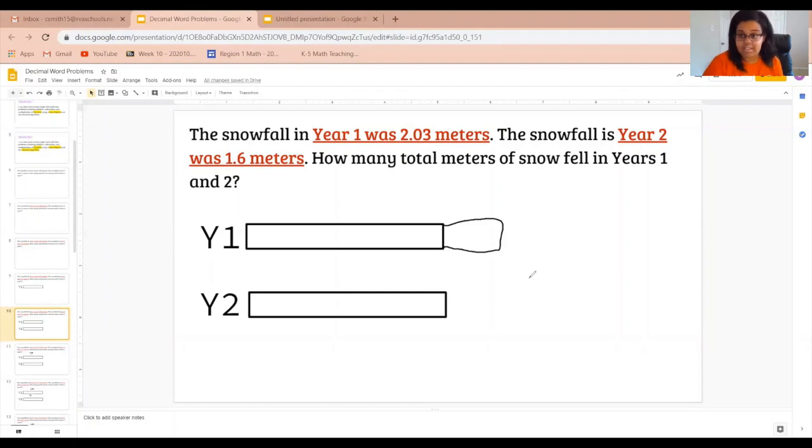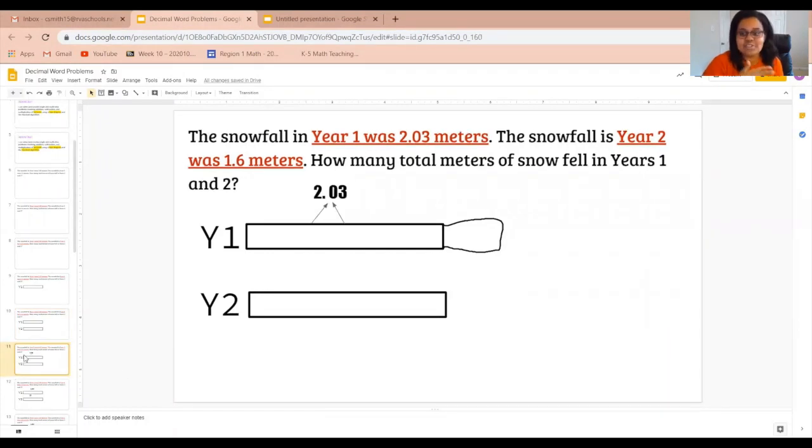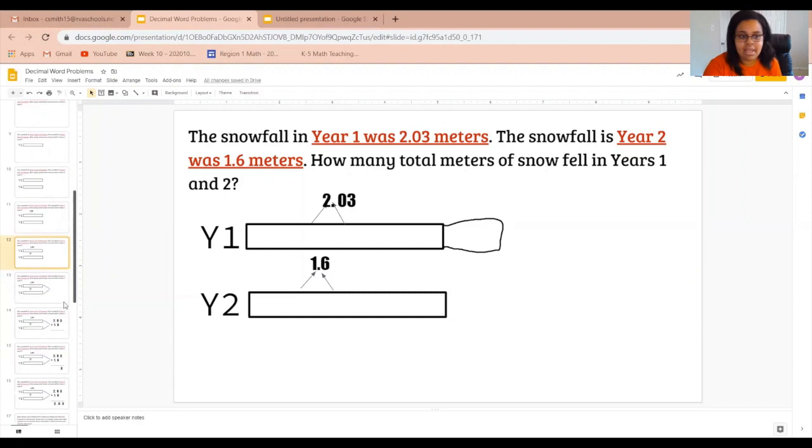Now I can go ahead and label my bar. That first bar we can put as 2 3/100. Then for your second bar, go ahead and label that as 1 6/10. Now we're not done with the problem yet.